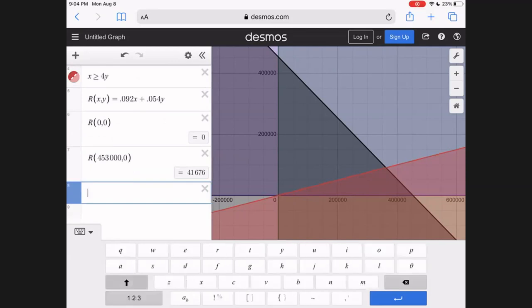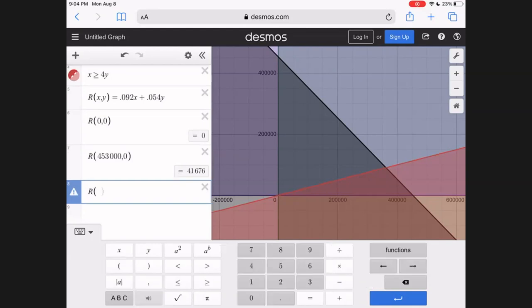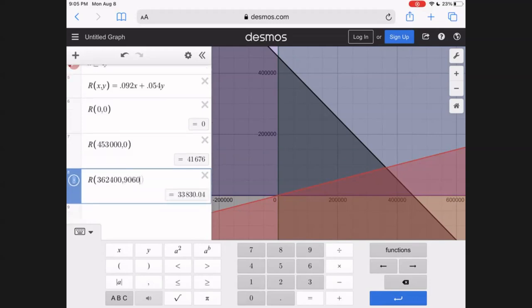Now, if I break it up a little bit, 362,400, comma, I get something smaller, right? So it just so happens that investing everything in the first account is the way to go here.